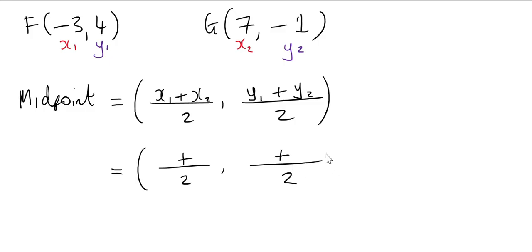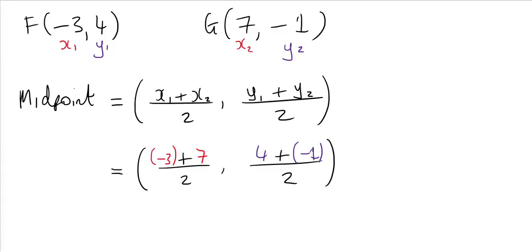And again, like before, we're leaving a space for x1, x2, y1 and y2. So filling in x1 minus 3, negative number, put in brackets. x2 is just 7. y1 is 4 and y2 is minus 1. Negative number, put in brackets.